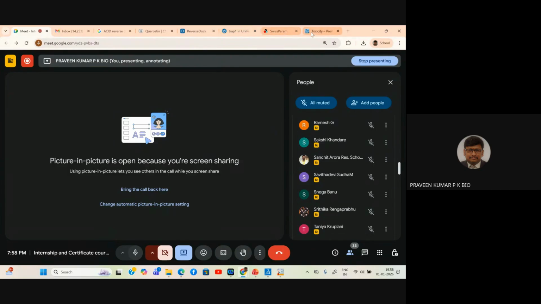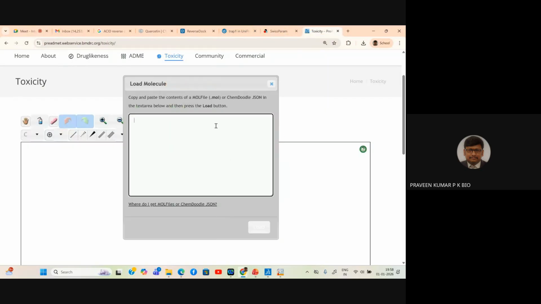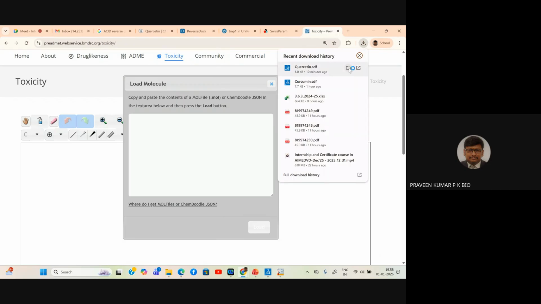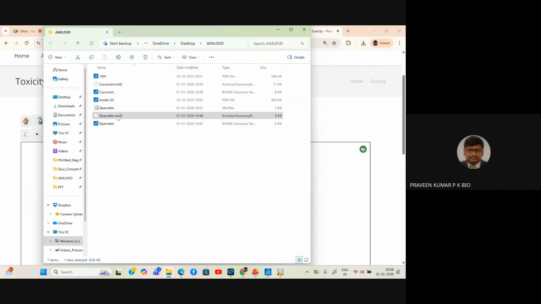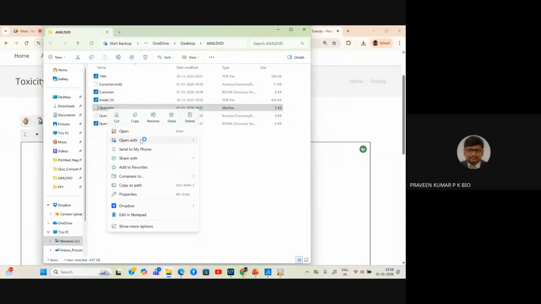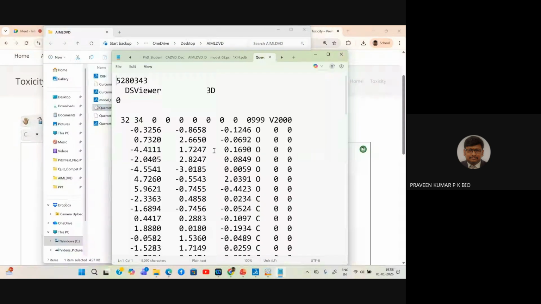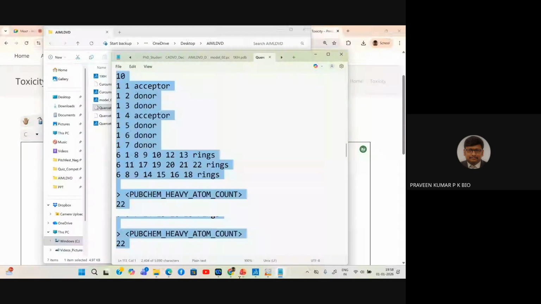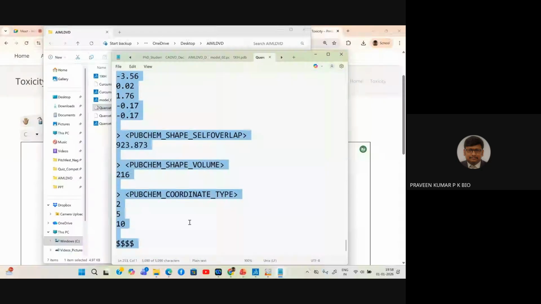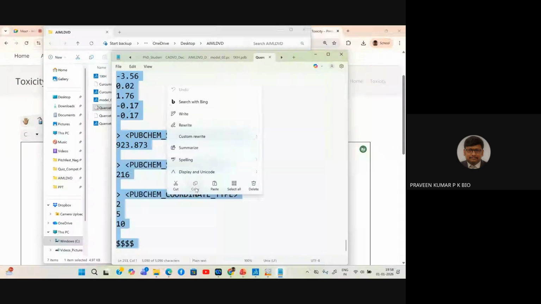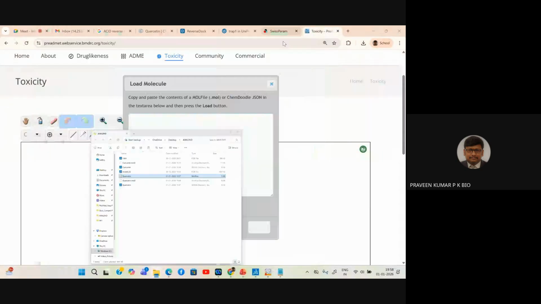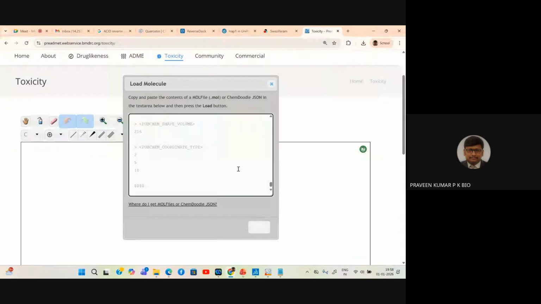If you have any doubts, you can ask me. So now I'm going to open the folder. The .mol file opens directly in ChemSketch, but I want only the coordinates, which I can open in Notepad. Whatever coordinates I have in the .mol, I copy the entire coordinates and paste them here, then click load.